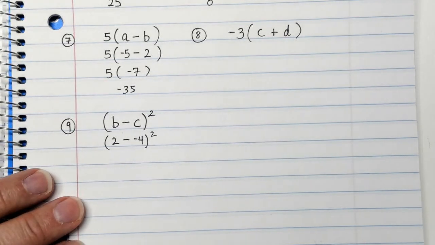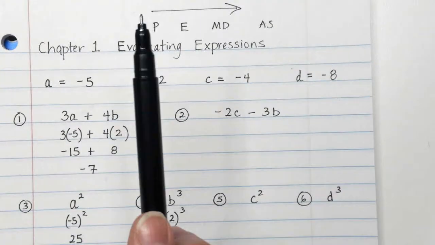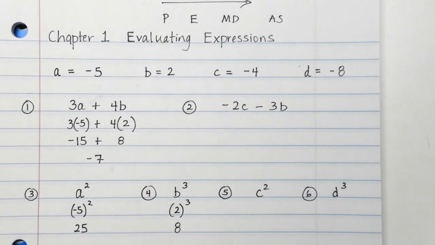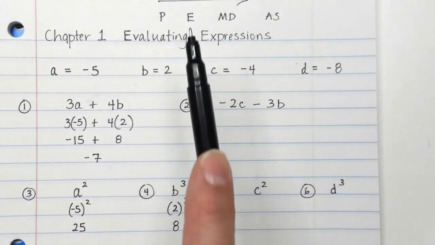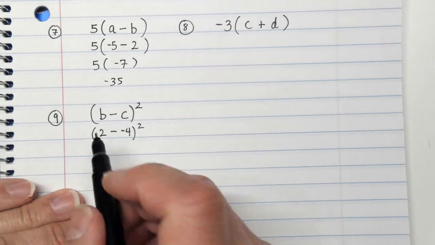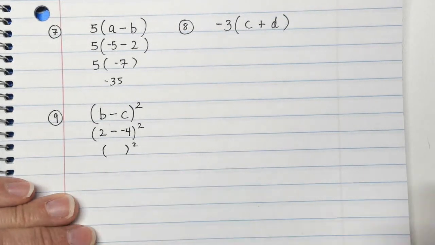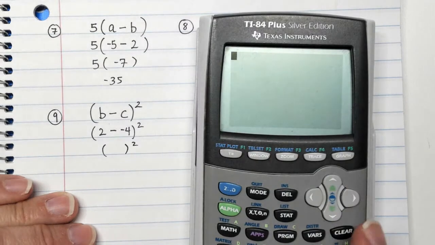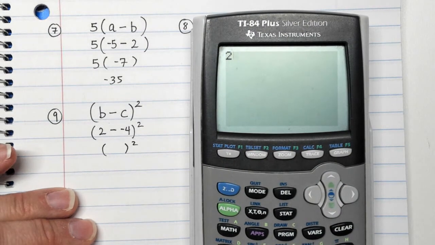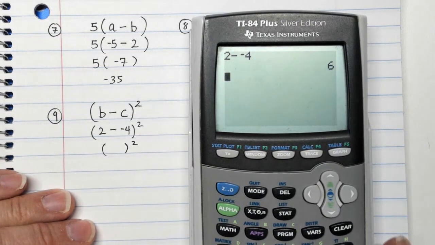PEMDAS says do what's in parentheses first. Inside the parentheses. Do what it says. One step at a time. 2 minus negative 4. I'm not sure, you're not sure. Use a calculator. 2 minus negative 4 is positive 6.